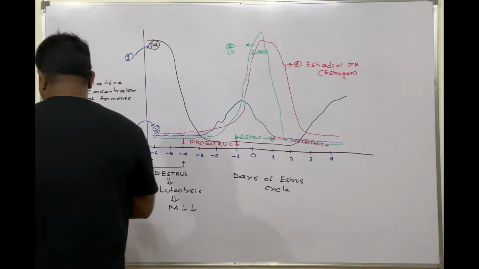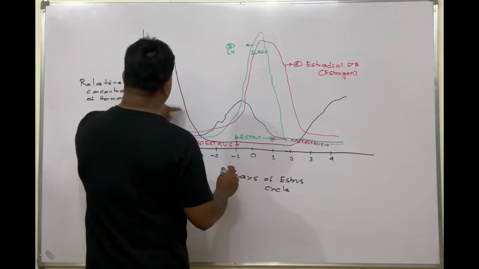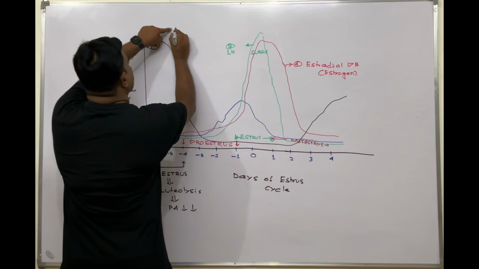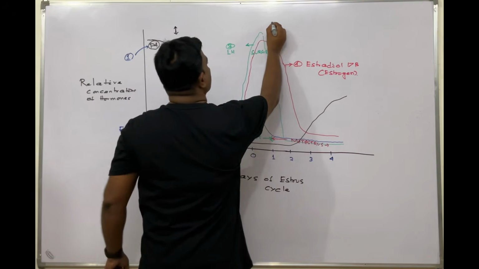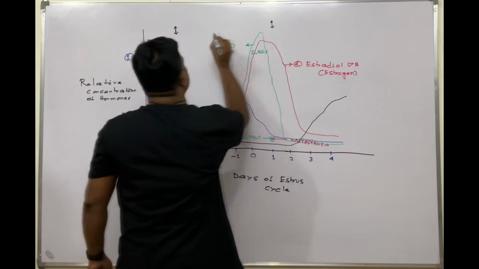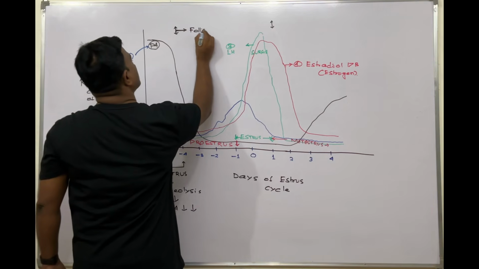So what has happened here, the proestrus and estrus, that means from here to the estrus here, this is the follicular phase.